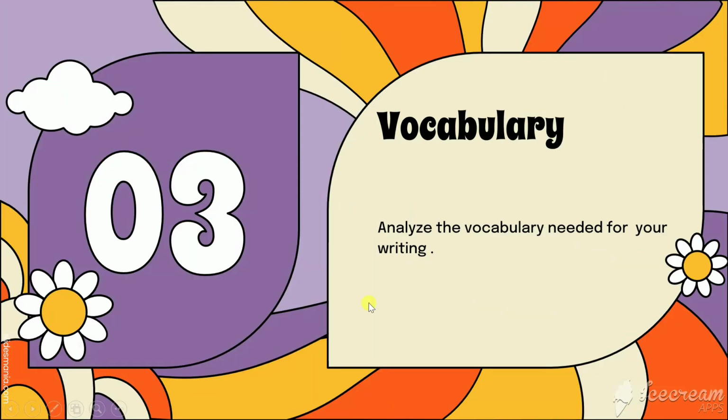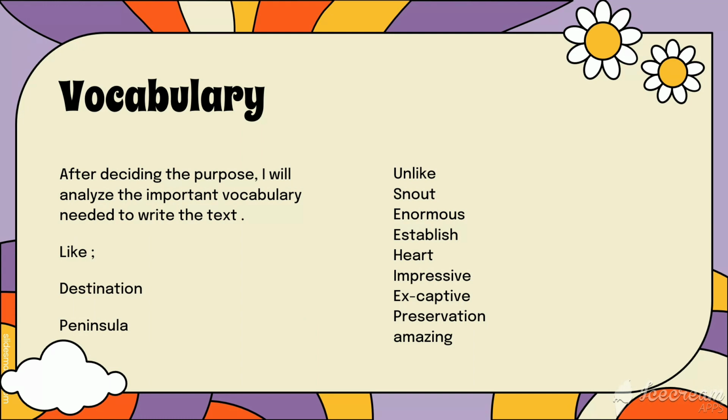Okay, we will continue after knowing that we want to promote the place. So the next step is, remember, you have to find or analyze the vocabulary needed for your writing. Vocabulary.